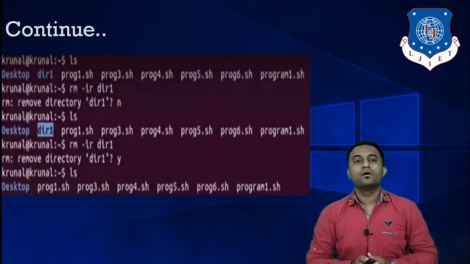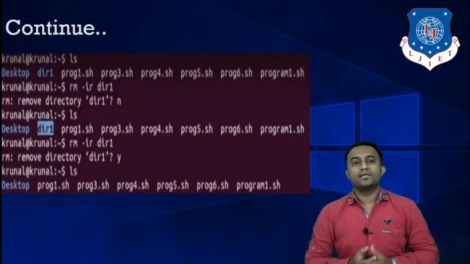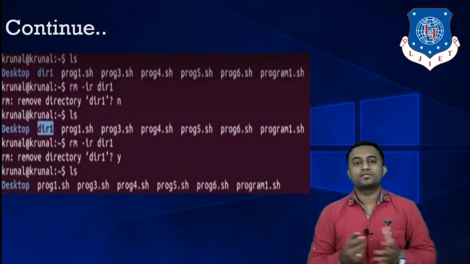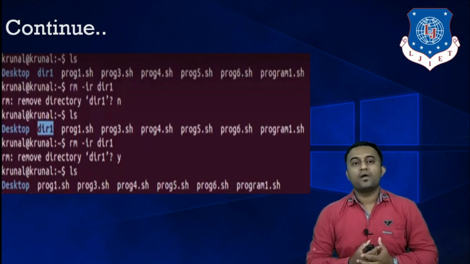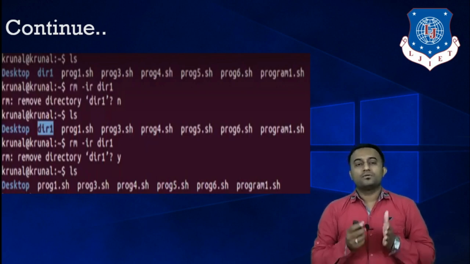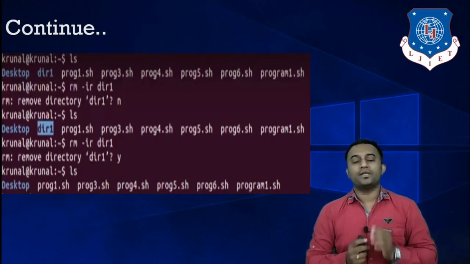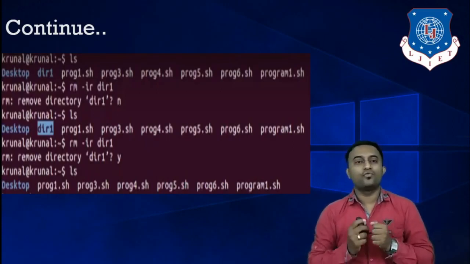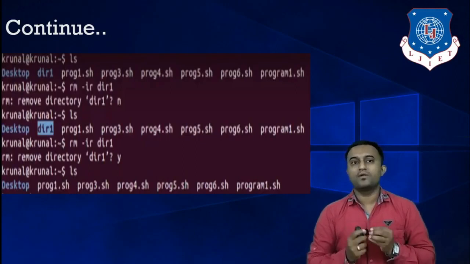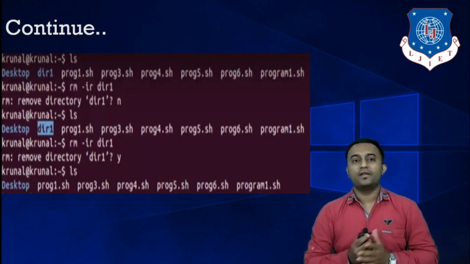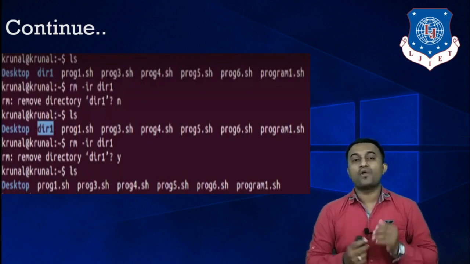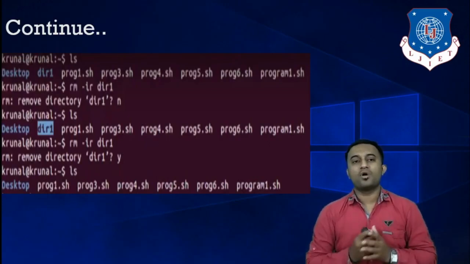Now the next one is, as I told you, the ls command, through which you can list out the set of directories and files. Now suppose one more option we have while removing a directory. If you make a mistake in removing a directory and it cannot come back, to avoid such a problem there is one option.